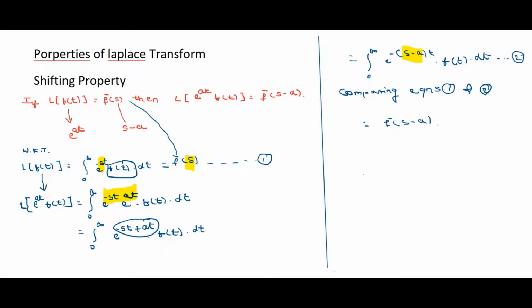Equation 1 is integration 0 to infinity e raised to minus st f of t into dt, and this we can write as f bar into bracket s. Comparing these two terms, in place of this s we have written s minus a. So this is the shifting property.